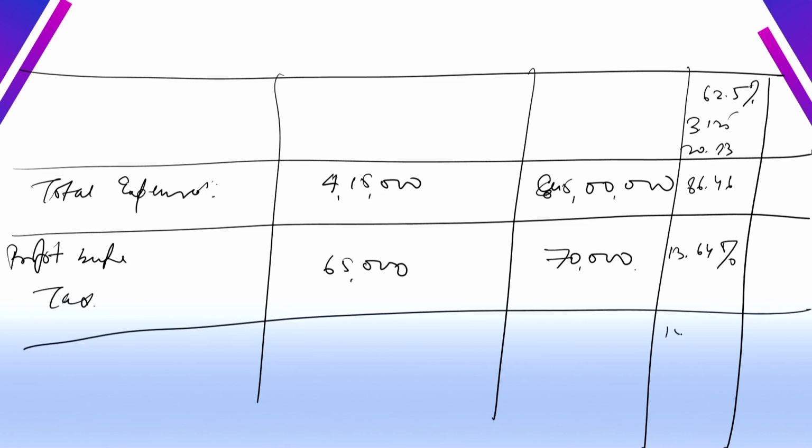Clearly it will add up to 100%. For the current year also, 61.4%, 7.14 and 21.93 is the total expenses, which will add up to 90.47%, and the profit before taxation will come to 12.28.